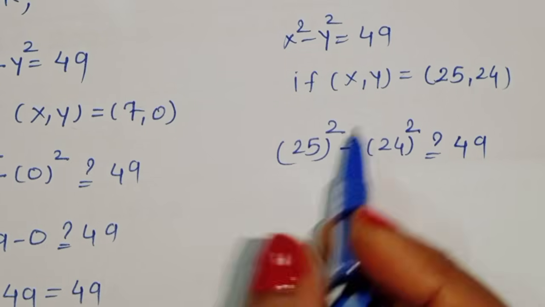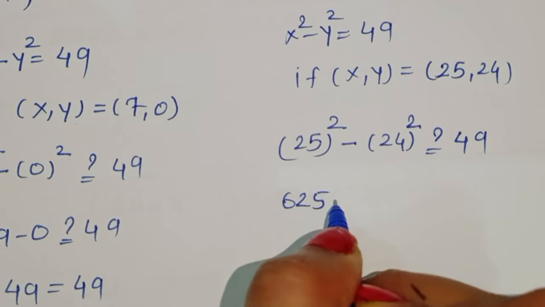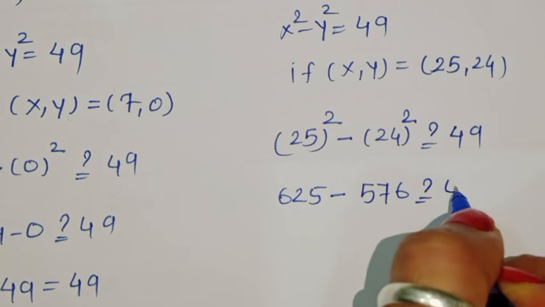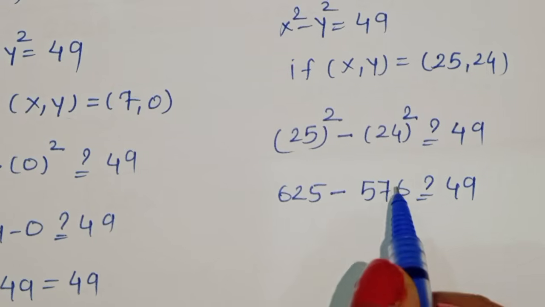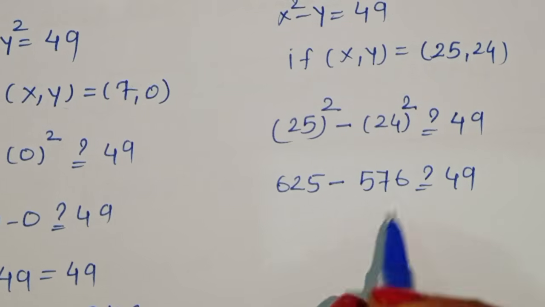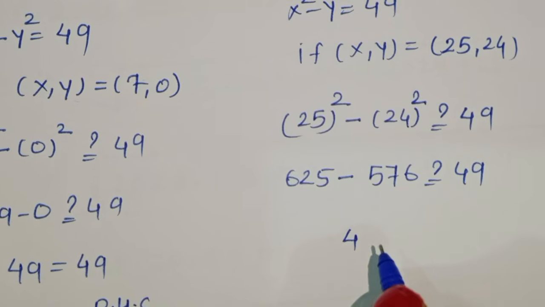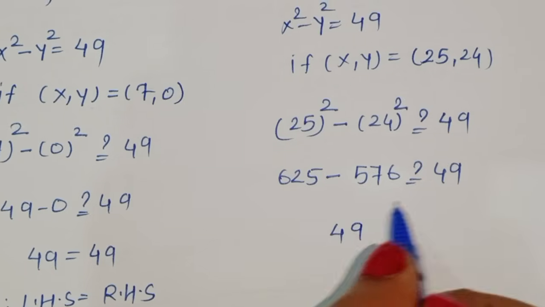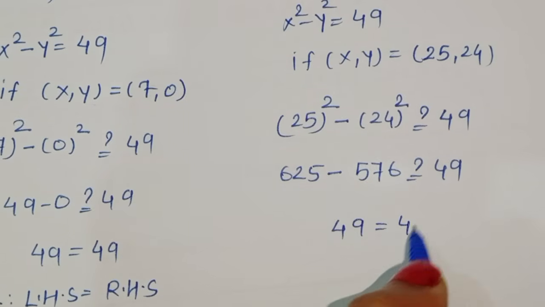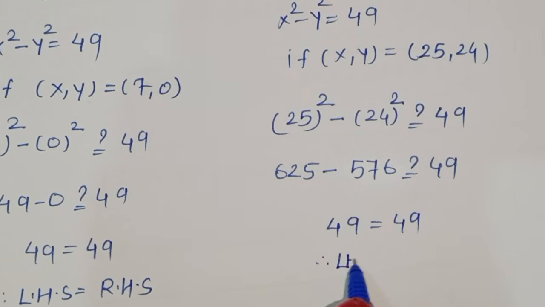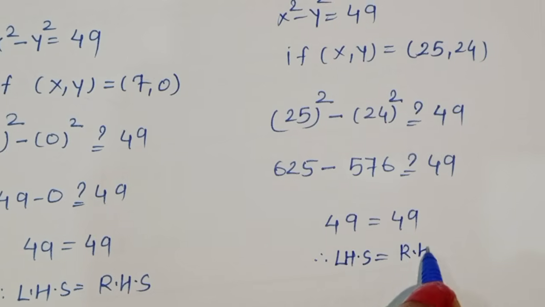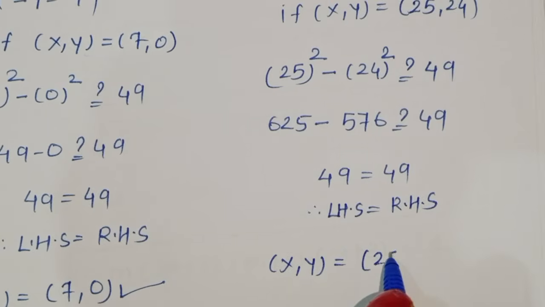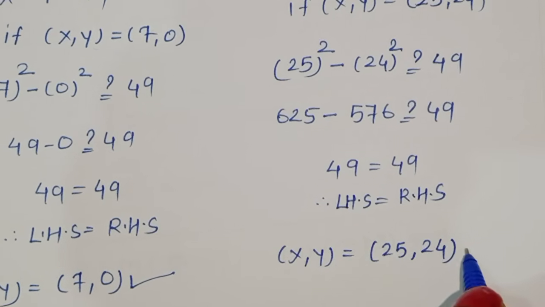Now 25 square is 625 minus 24 square is 576. When we subtract, it will become 49. 49 is equal to 49. Therefore LHS is equal to RHS. So x and y equal to 25 and 24 is also a correct solution for this equation.